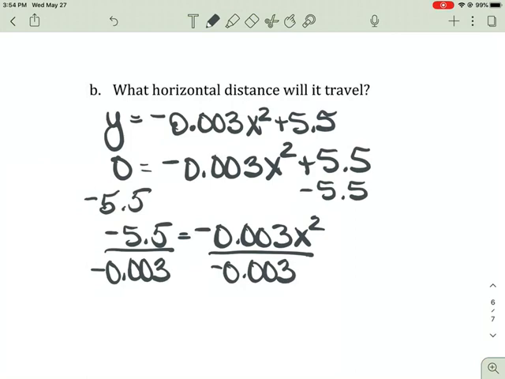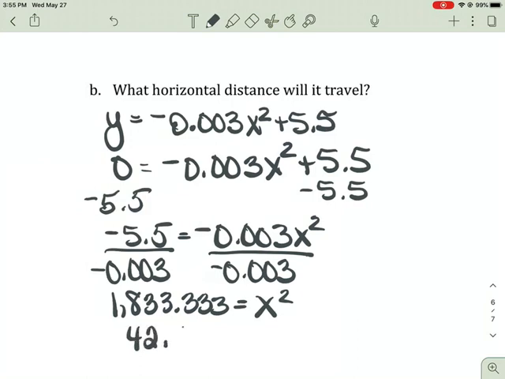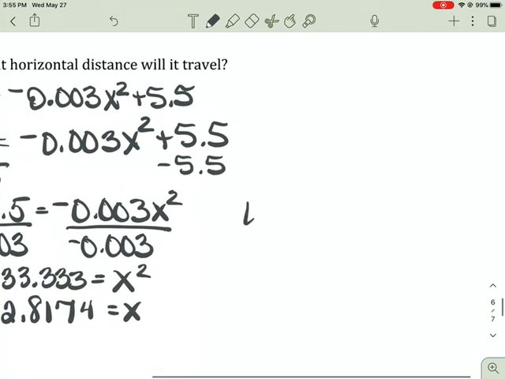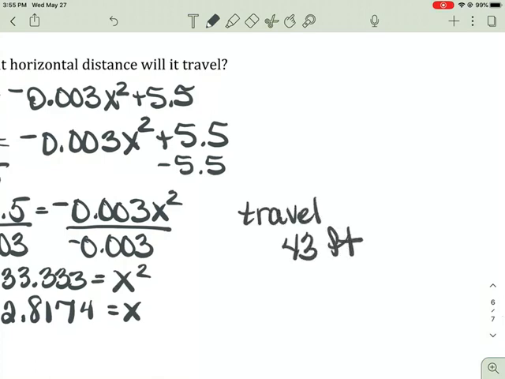Okay, and we're going to get some crazy number like 1,833.333, repeating 3, equals x squared. And once again, we're going to square root both sides. So we're going to get 42.8174, and so on, is equal to x. Okay, so in other words, we're going to be about 43. So this has traveled about 43 feet.